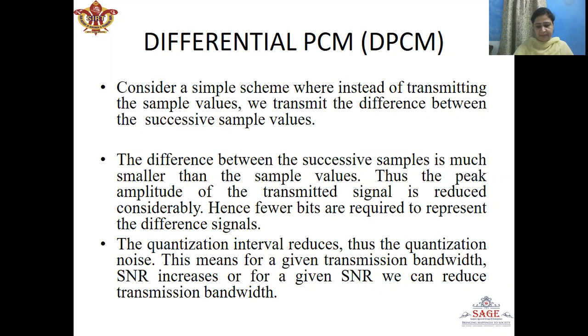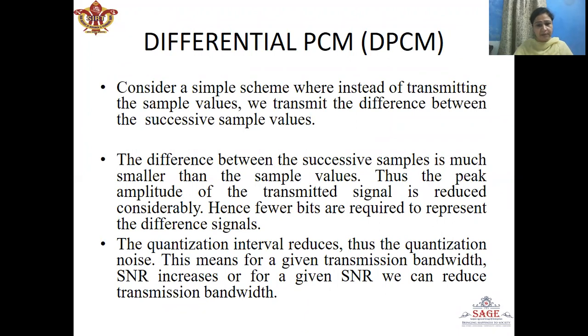In DPCM, at the sampling time k, we transmit the difference between the sample value at sampling time k and the sample value at time k minus 1. The difference between the successive samples is much smaller than the sample values. Thus, the peak amplitude of the transmitted signal is reduced considerably.